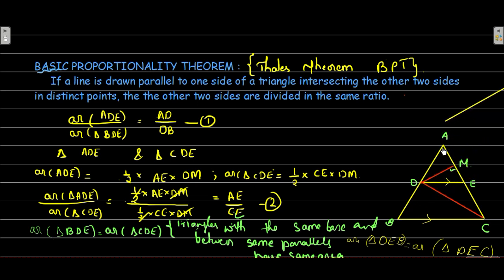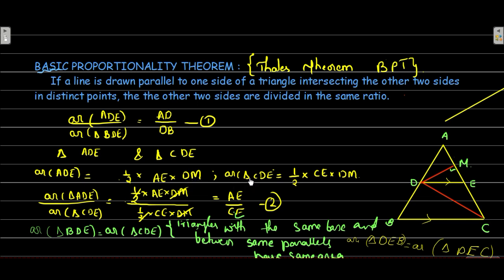So, in triangle ADE, this AE is the base, and this time we will be considering DM as the perpendicular or height. So, DM is the height of the triangle ADE and AE is the base of it. So, area of the triangle ADE this time will be equal to half into base, that is AE, into DM, the height.